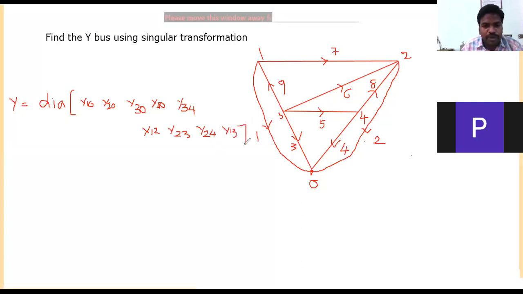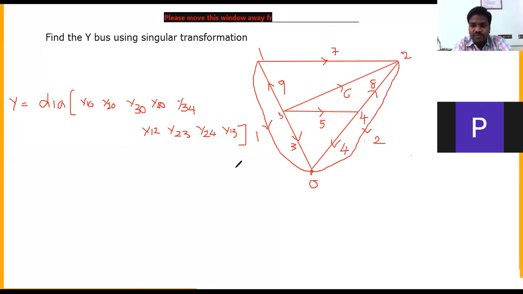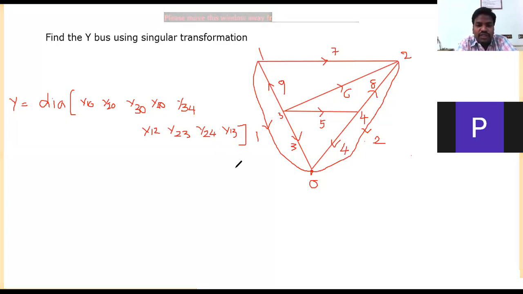So this is the information that has been given, and you are asked to obtain Y bus using singular transformation. The graph is already given with the directions of the elements, and along with that graph you have also been given the admittances: dia y10, y20, y30, y40, y34, y12, y23, y24, y13.